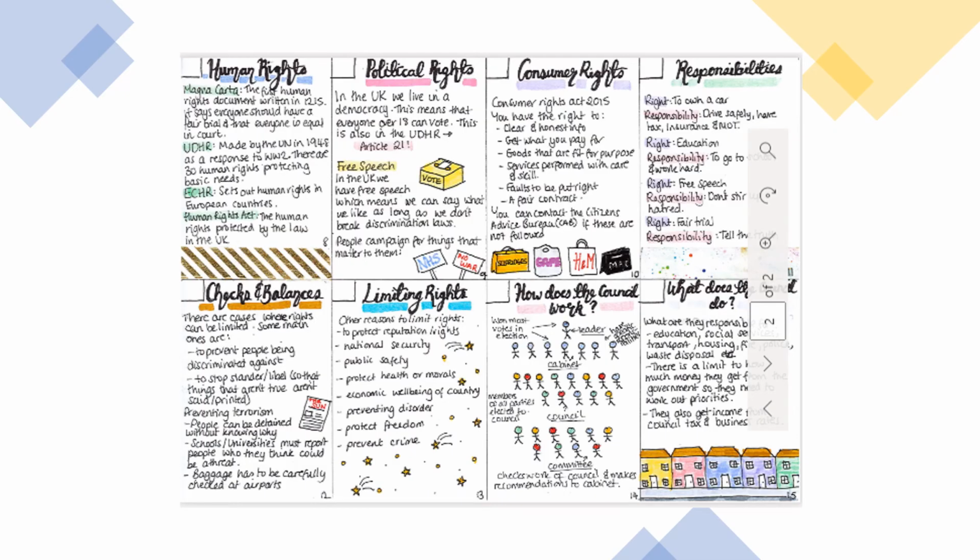On theme A, we'll also look at human rights and other rights, and we finished this section by looking at local government and the local council. This is very simplistic and is a way of getting that overview for learners before they go on to looking at the main revision guides, which are a lot more in-depth.